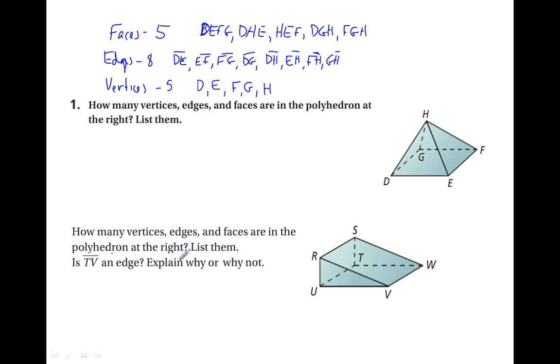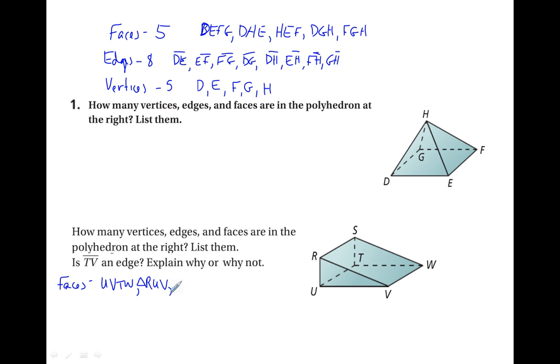Now for this one down here, we want to know how many vertices, edges, and faces there are and to list them. And then we're going to talk about TV in particular. So let's start with faces. Let's list them out first. We have the bottom, which is UVTW. We have the front, which would be triangle RUV. Let's put the triangle sign so we know we're talking about a triangle.